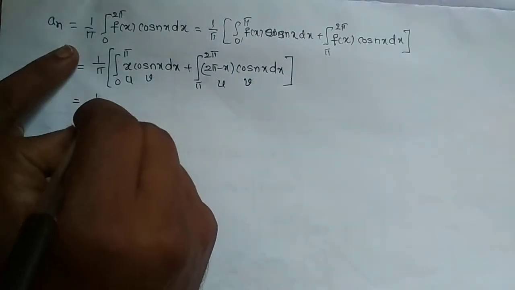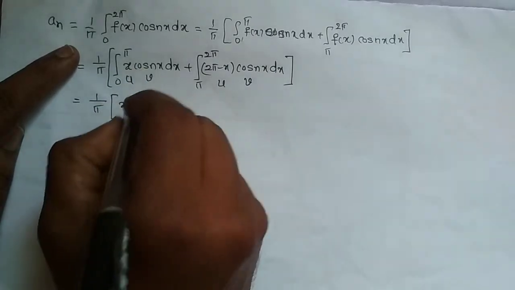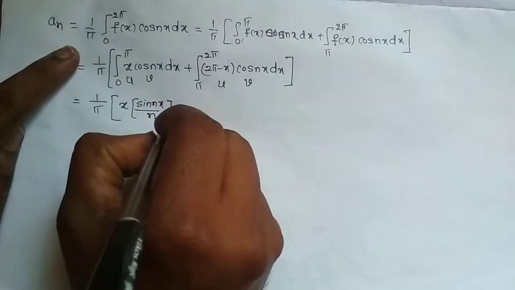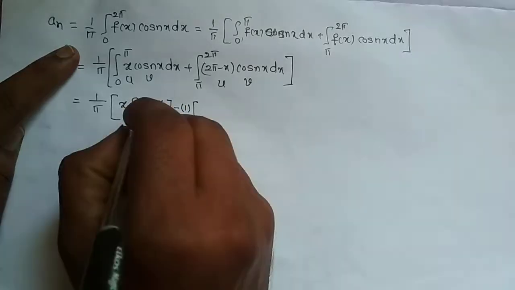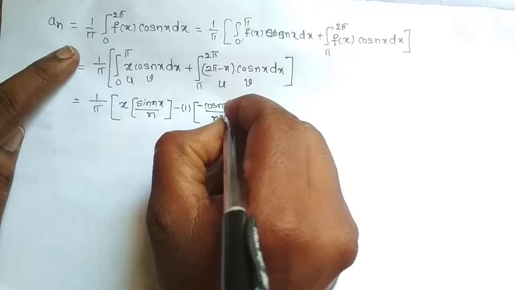1 by pi into u v1: x into integration of cos nx is sin nx by n, minus differentiation of x is 1, integration of this one is minus cos nx by n square.